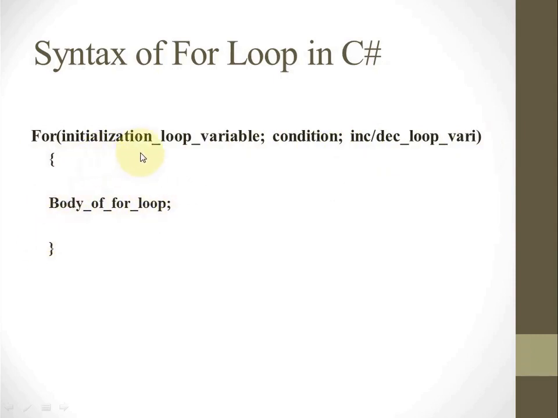First we initialize, then control goes to the condition, third the body is executed until the condition becomes true, or you can say satisfied. Fourth, the control goes to the incrementation or decrementation. So this is how loops work in C sharp.